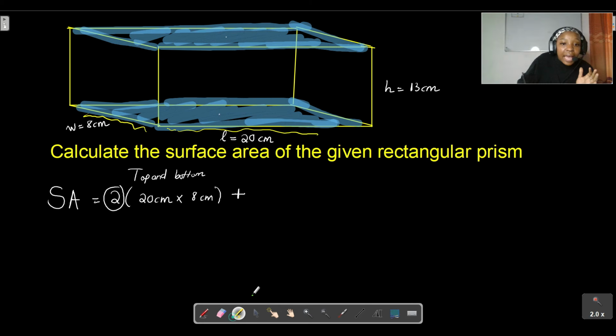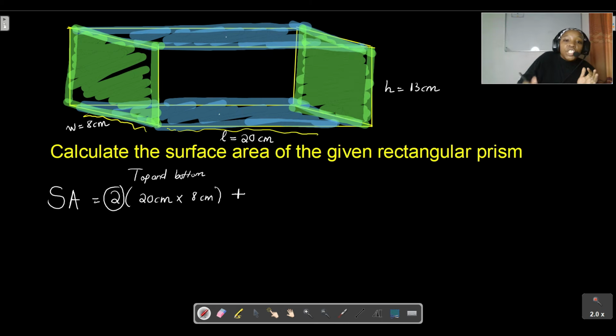Here I see that the left and the right share the same dimensions, because if you were to just look at this box from the left side, you would only see the height of this box, which is 13 centimeters, and the width of this box.